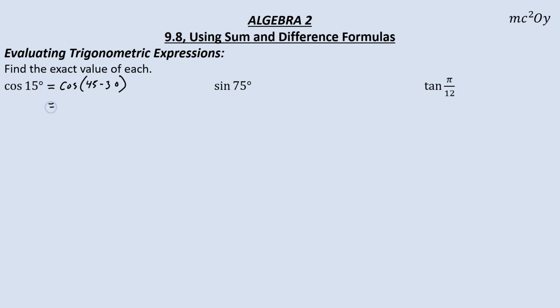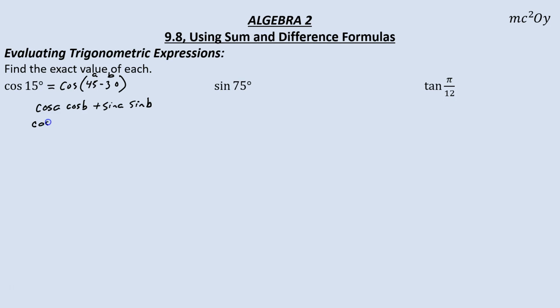So I'm using the cosine difference formula, cosine of A, cosine of B, plus sine of A, sine of B. This would be my A, and this would be my B.